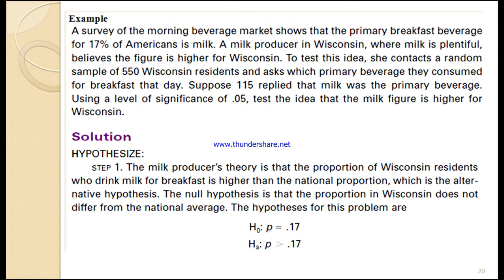Let us look at one example in order to become familiar with how a hypothesis about a population proportion is tested. Let us assume that a survey of the morning beverage market shows that the primary breakfast beverage for 70% of Americans is milk. A milk producer in Wisconsin, where milk is plentiful, believes the figure is higher for Wisconsin.